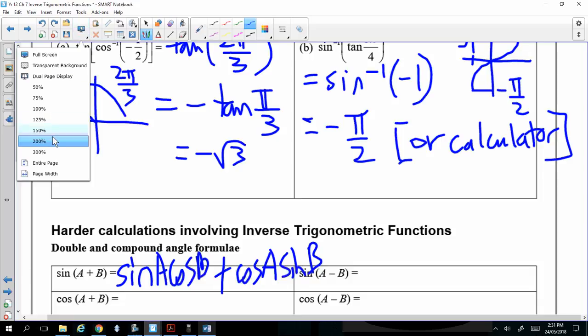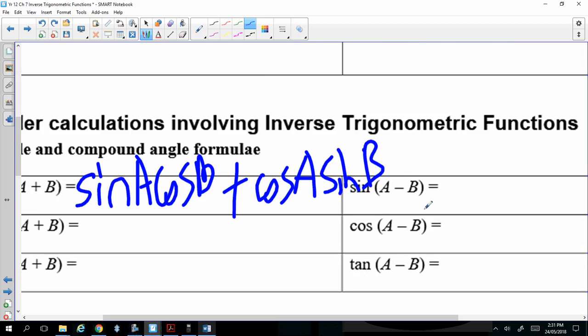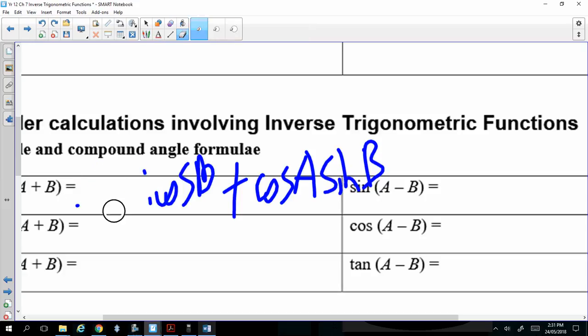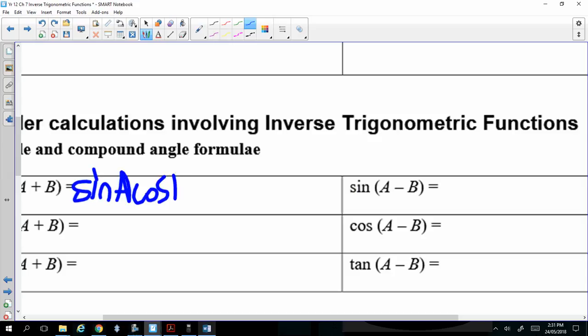Okay, let's try this again. Sine A cos B plus cos A sine B. This one is cos A cos B minus sine A sine B. So all the formula is for A plus B, but with the sine and cos swapped.